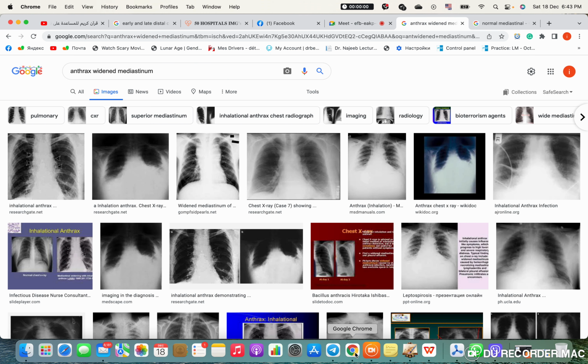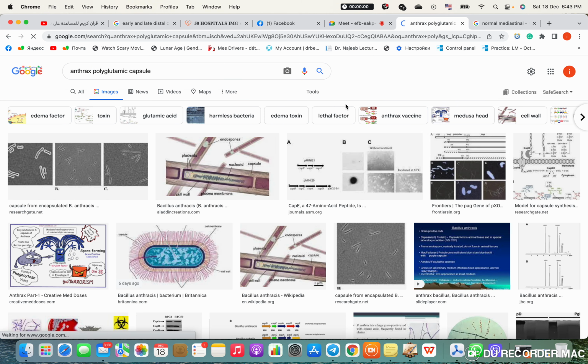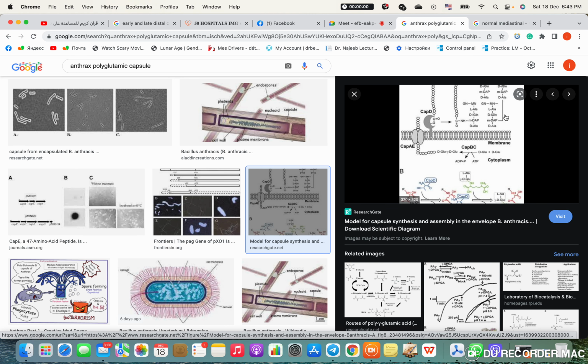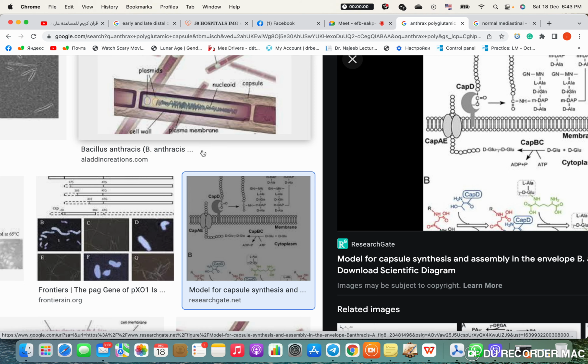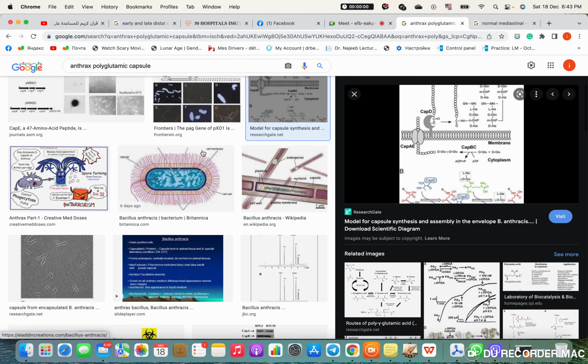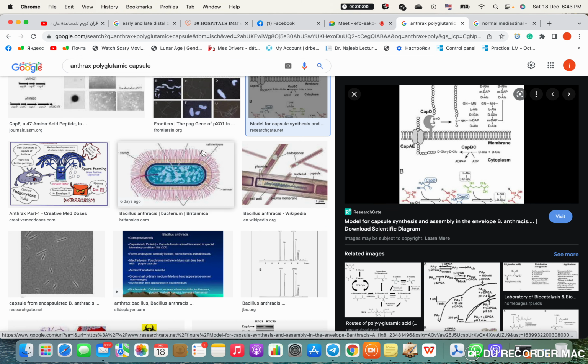So if we just take a look here and Google polyglutamic capsule, it has this weird structure that is not required from you. You don't have to know it. You don't need to know anything about it, except that it exists. And it has this poly D inside of it. Okay? That's it.